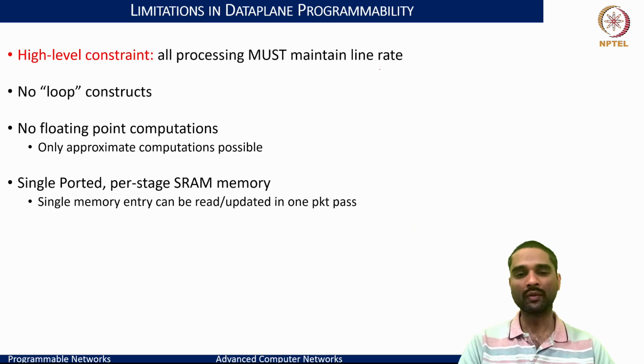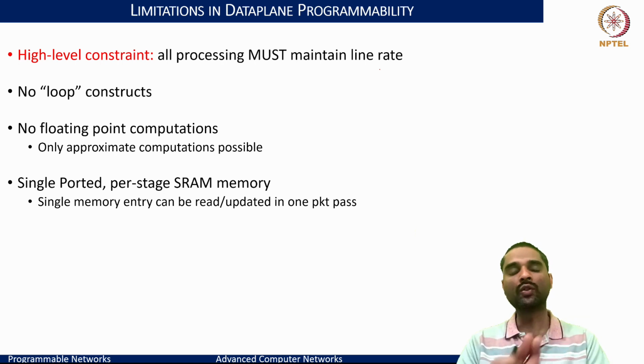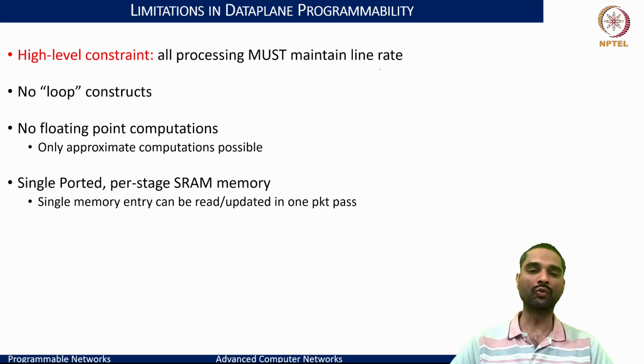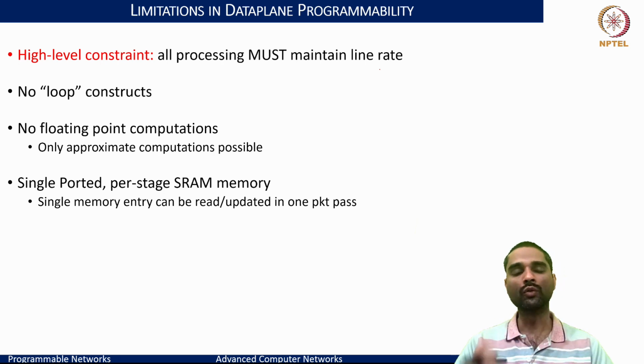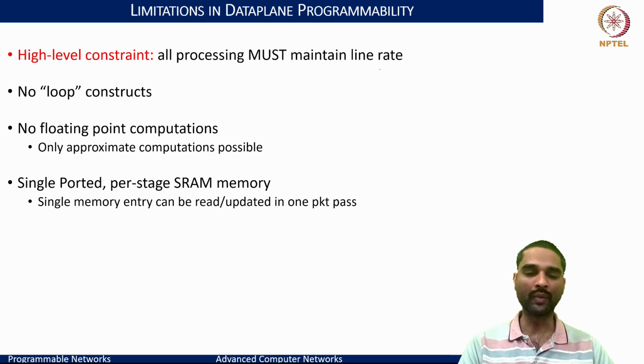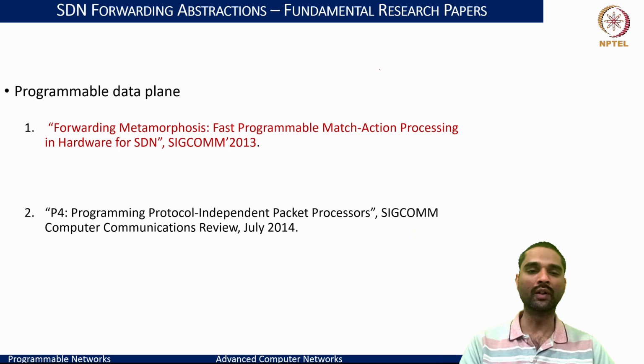And hence, by keeping it simple, we have a single memory entry for read and update in one packet pass. So that means you would want to read and update in each of these stages as you go, rather than doing reads, writes, and updates simultaneously, which could be addressed in later stages.